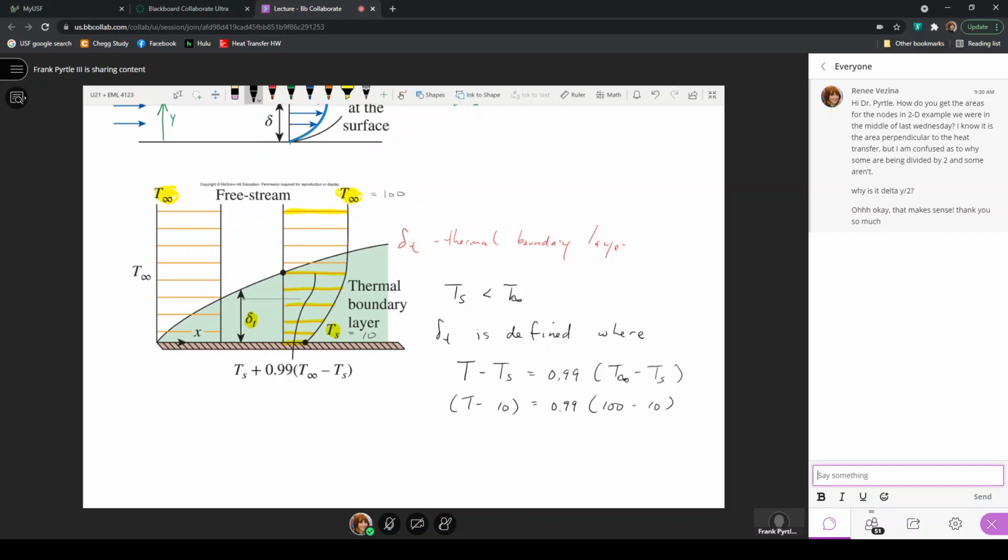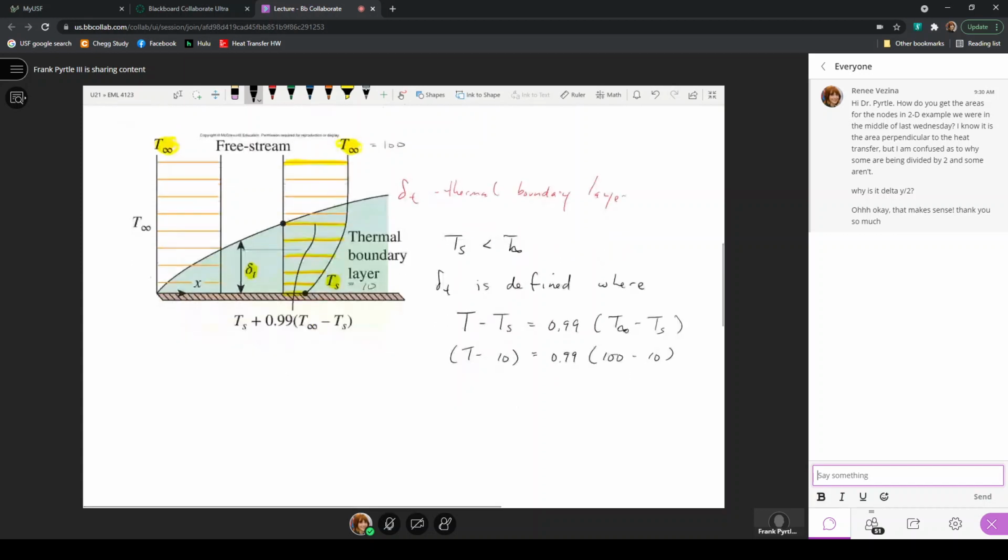But because the surface temperature is often not 0 degrees, the definition of where the thermal boundary layer exists has to take into account a temperature difference between the fluid and the surface, such that when 99% of that temperature difference is reached, that's where the thermal boundary layer exists. Again, inside the thermal boundary layer is where all the temperature variation occurs. Outside, the temperature is uniform at just the free stream temperature.